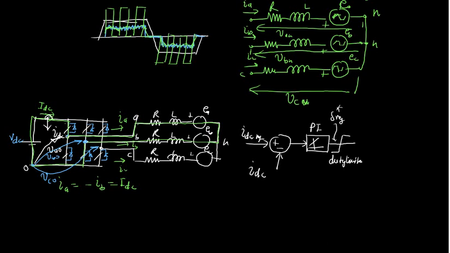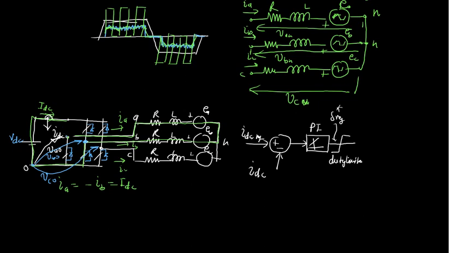So if you are turning off this upper switch, what will happen? Let's say this is the conduction, this is conducting, and now we want to turn this off. Because the upper switch is off, where will the current go?